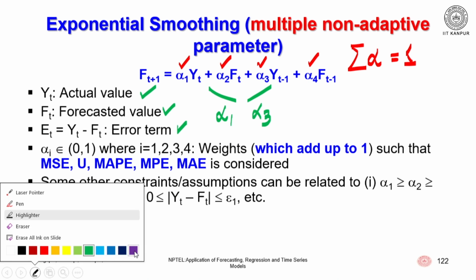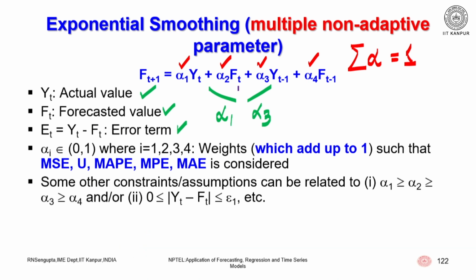And the weightages which you will give for FT and FT minus 1 are alpha 2 and alpha 4. So, alpha i's are between 0 and 1, where i is equal to 1, 2, 3, 4, weights which should add up to 1, which I have shown, such that we can use the MSE or the U statistics or the MAPE or the MPE or the ME.